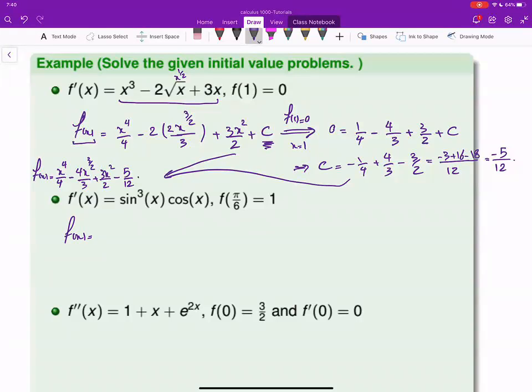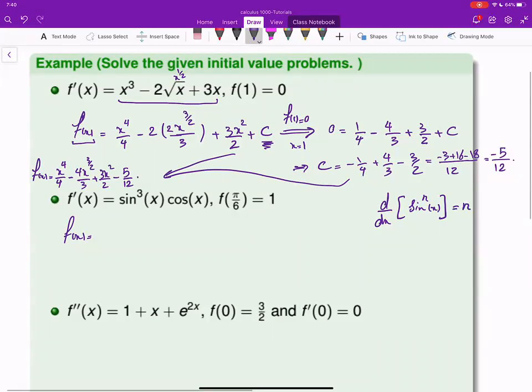It's not easy to find these kinds of antiderivatives, but when you look a little more carefully, remember that if you have sine x to the power n, the derivative is going to be n times the derivative of sine x, which is cosine x, times sine x to the power n minus 1, one less power.